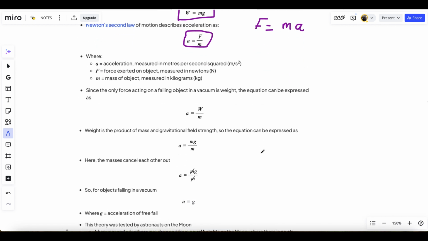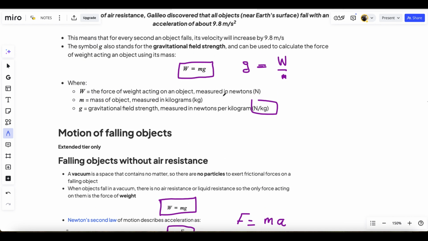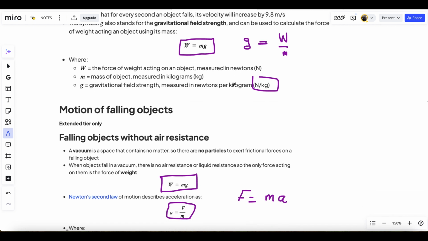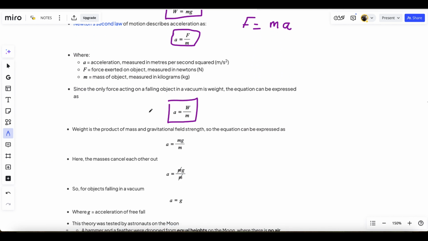So if we say a is the same as weight over mass, and we also said earlier that g is also weight over mass, then if we substitute one into the other, we have a to be mg over m.